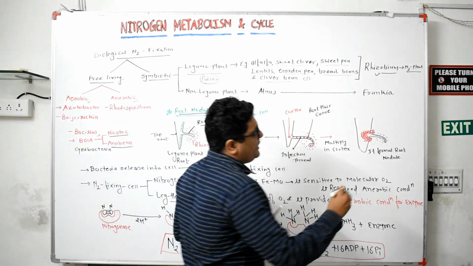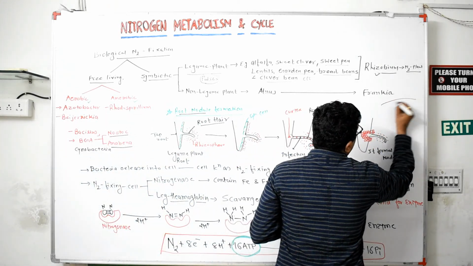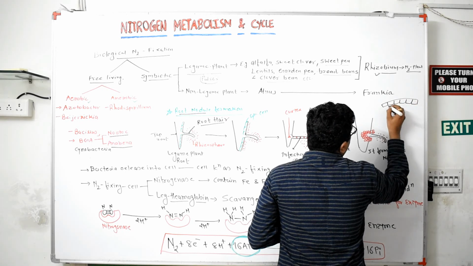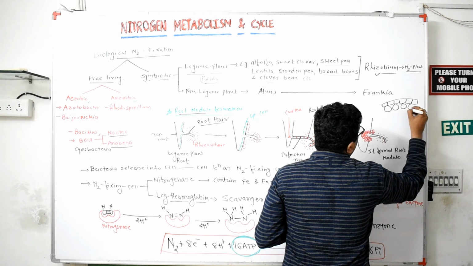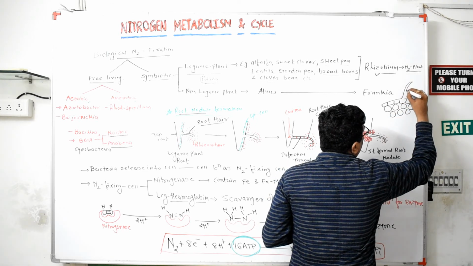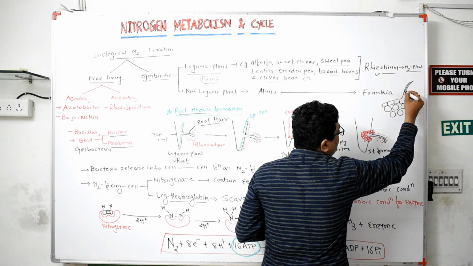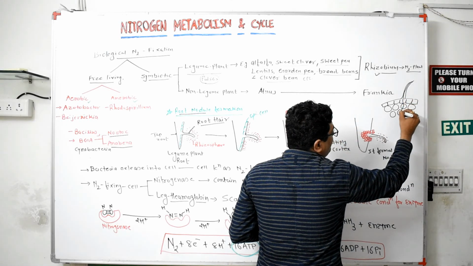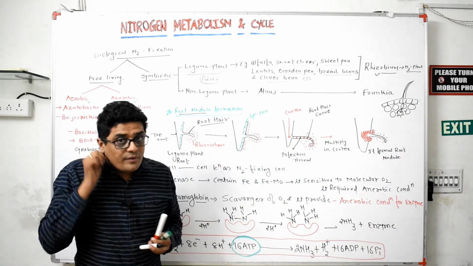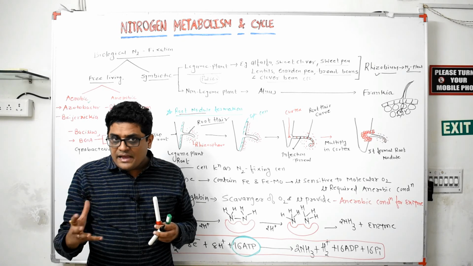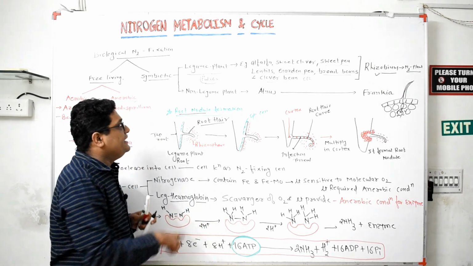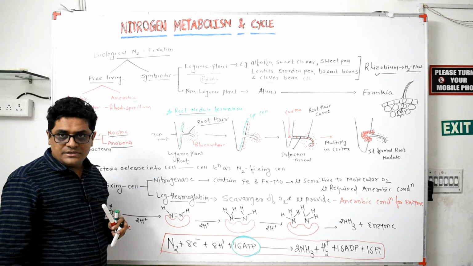We know that when we take a section of the root, the outermost layer is called the epidermis, and below the epidermis there are multiple layers of cortex. So this is the root hair. The bacteria penetrate the root hair and then travel and multiply in the cortex area, where they form a tumor-like or nodule-like structure. It's called the root nodules.